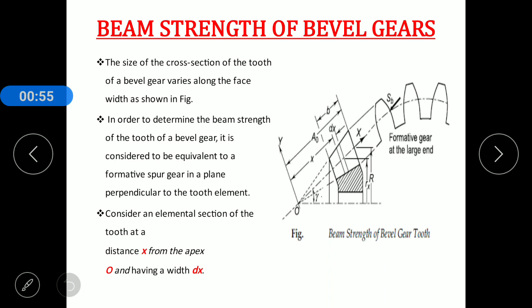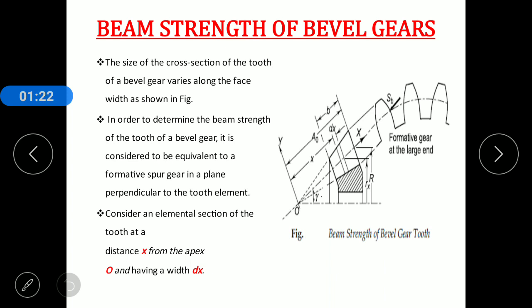One thing is known to everyone: the size of the cross section of the tooth of a bevel gear varies along the face width, and that is also shown in this figure. Now here we determine the beam strength of a bevel gear. It is considered to be equivalent to a formative spur gear in a plane perpendicular to the tooth element.